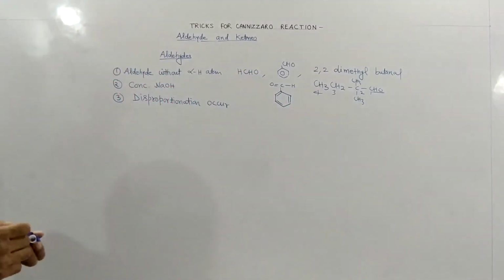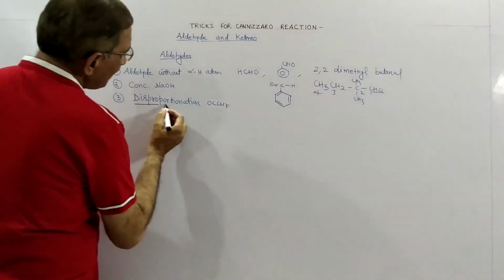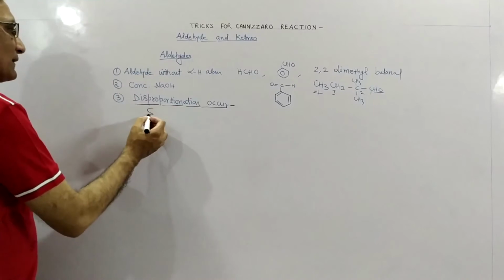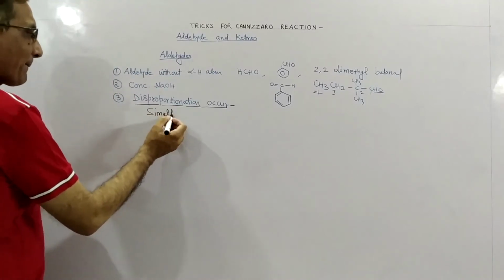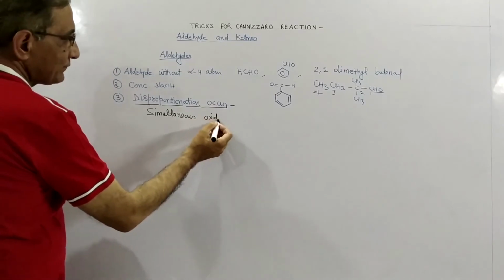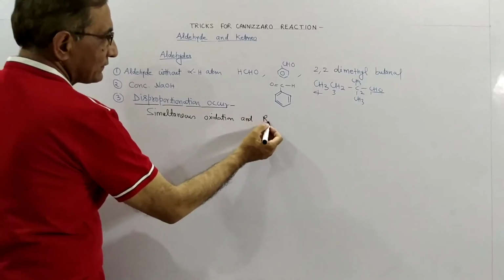So in this reaction, students, disproportionation takes place. What do we mean by disproportionation? In class 11th we study it in the redox reactions chapter. Disproportionation means simultaneous oxidation and reduction.